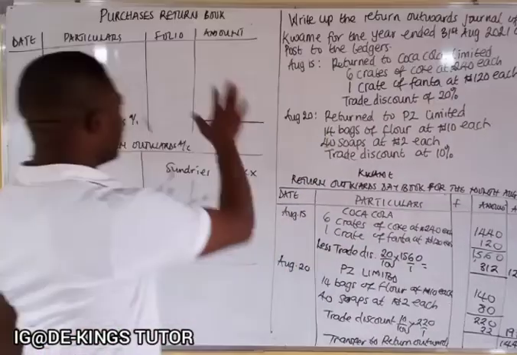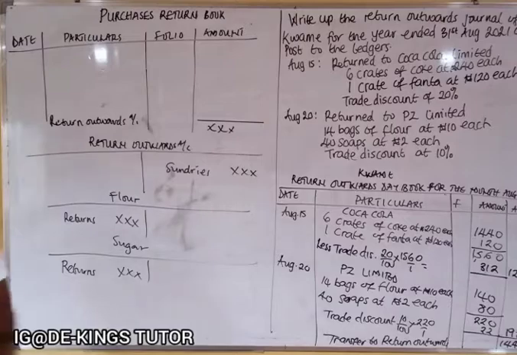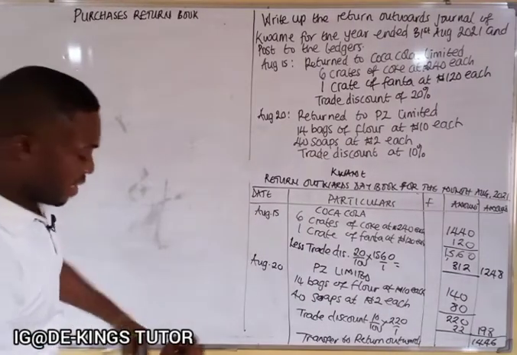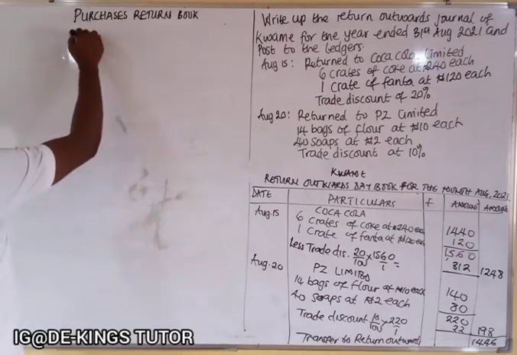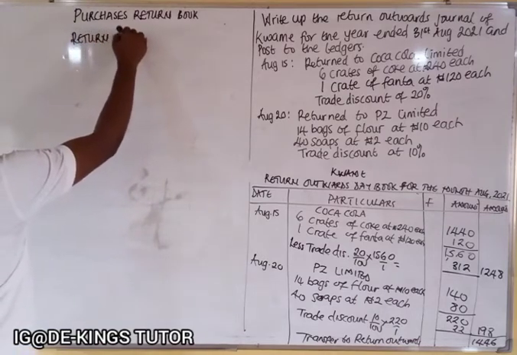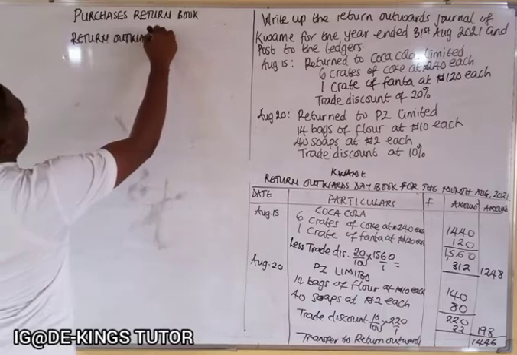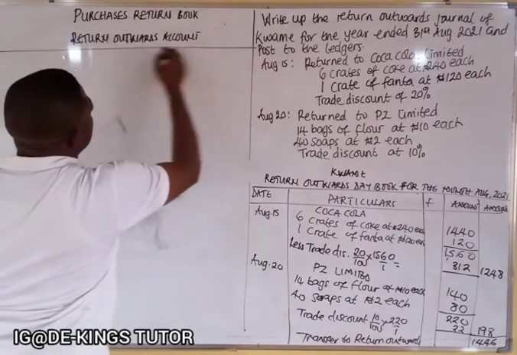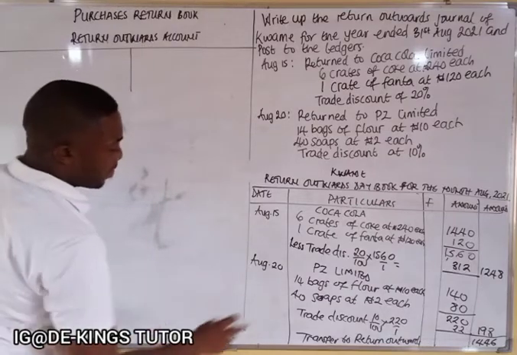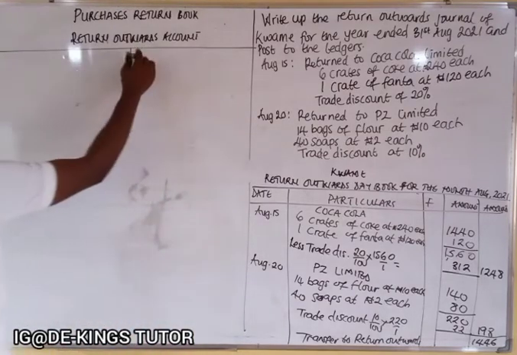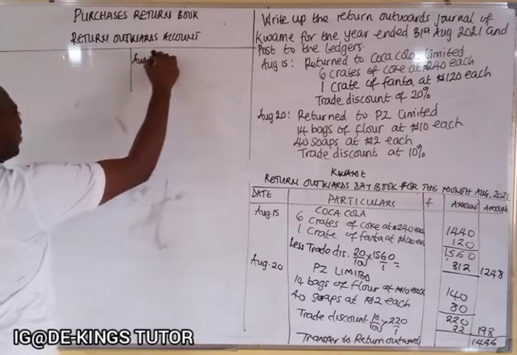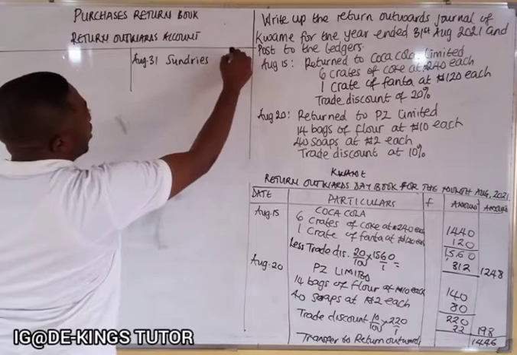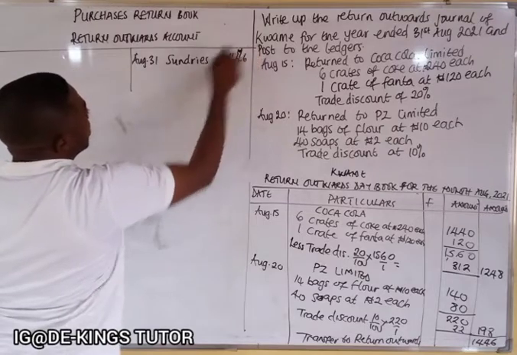Now let's post them to the individual ledgers. Posting to the individual ledger, we'll now have here the return outwards account. At the end, August 31st, our sundries as 1,446.